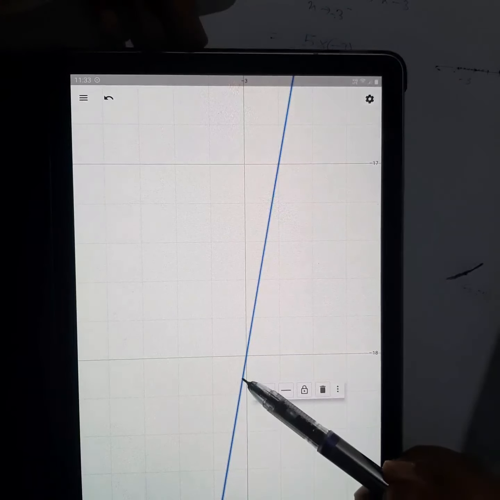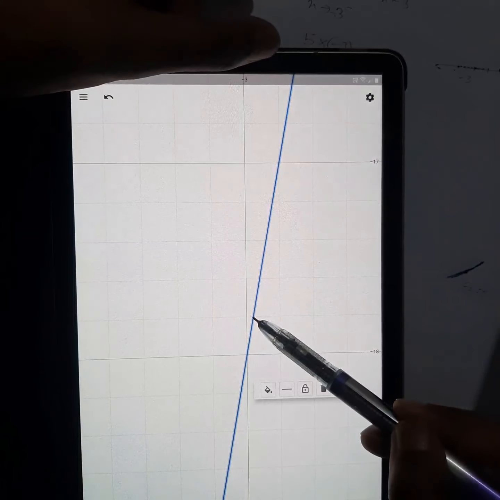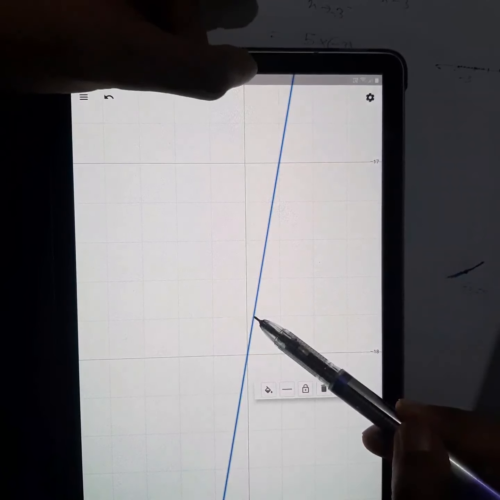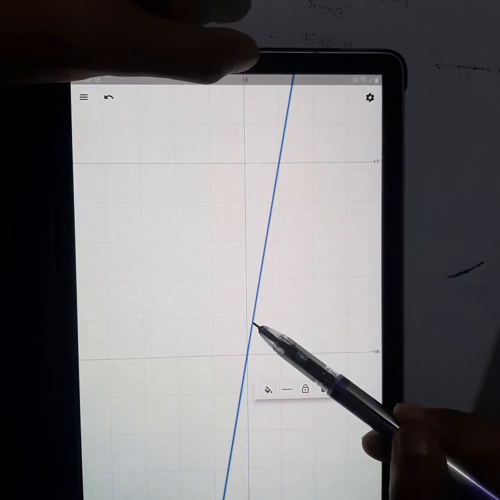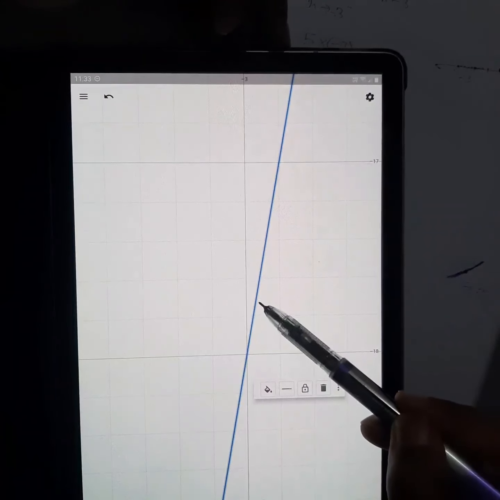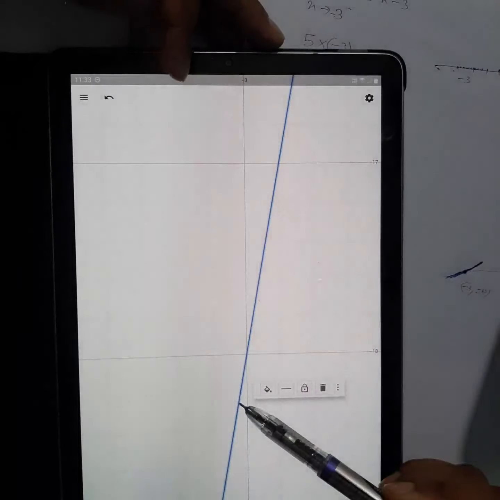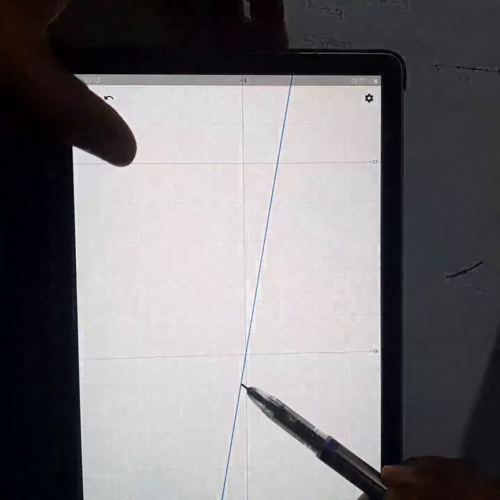This point, this point, this point, all these points you are getting. So when you move from the right side also, if you take x on the right side of minus 3, these points you will get f(x). Can you see, as x tends towards minus 3 from the right, your f(x) also will tend like this. As you take x from the left, f(x) will tend like this.